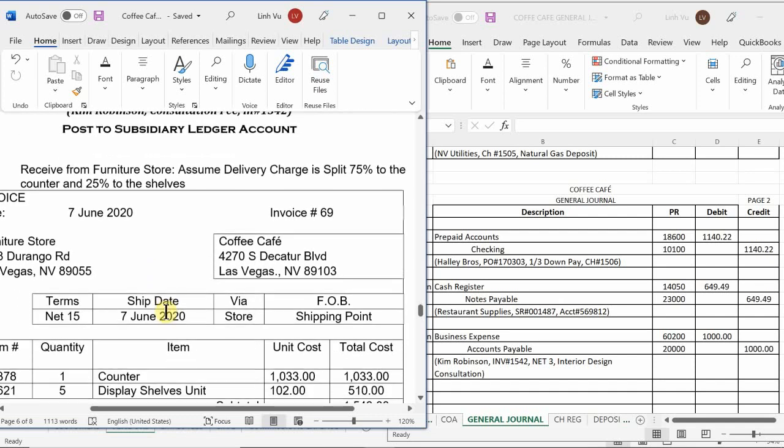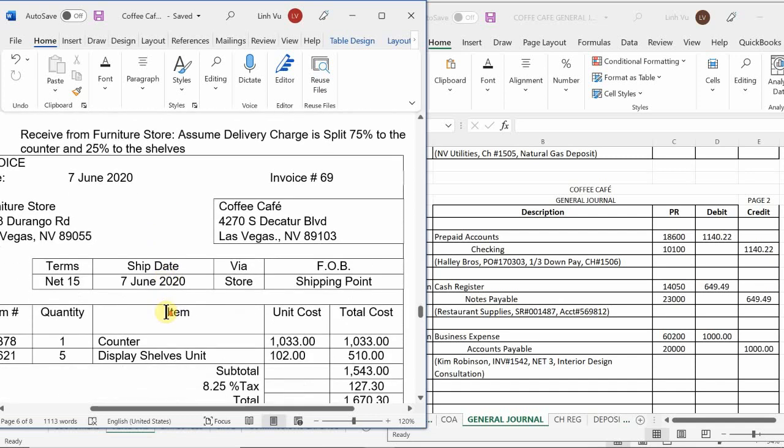Now, in this case, I received a bill. When is this bill due? Is it June 7th, or is that just a ship date?